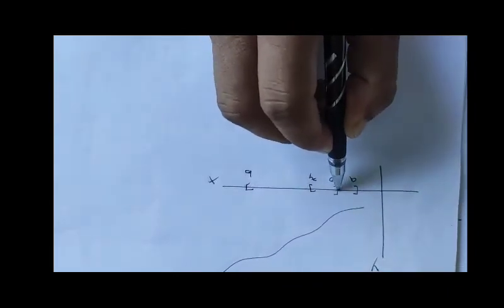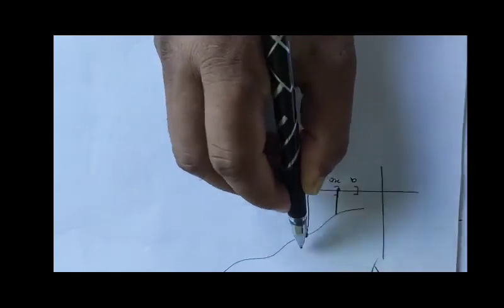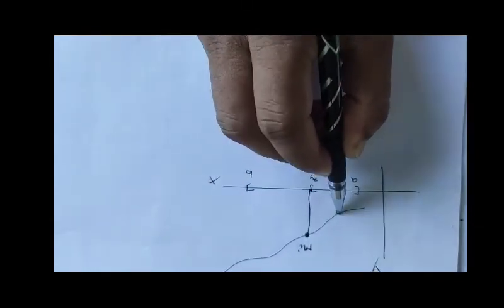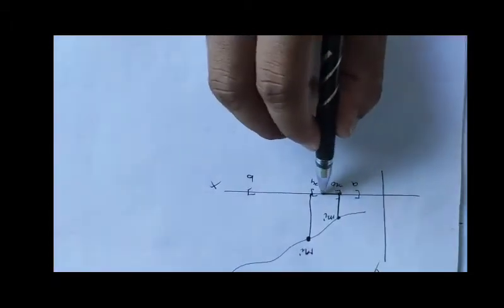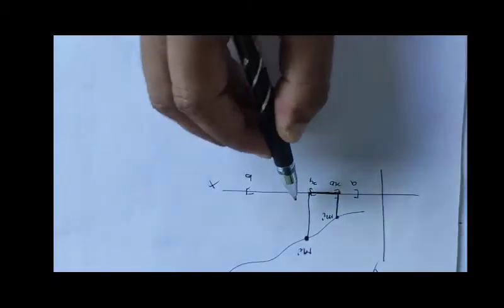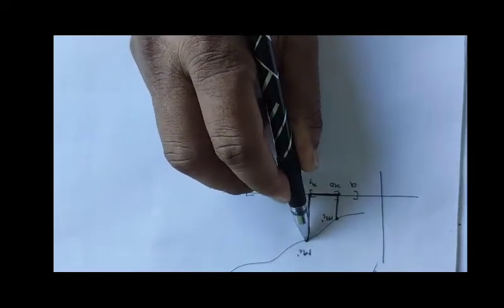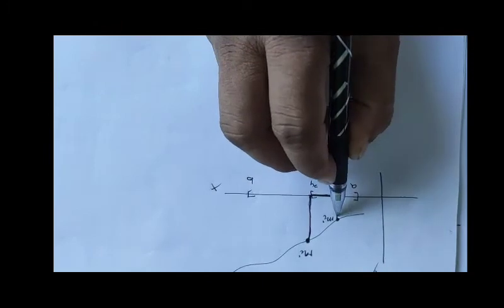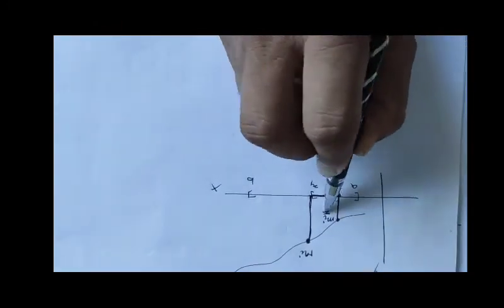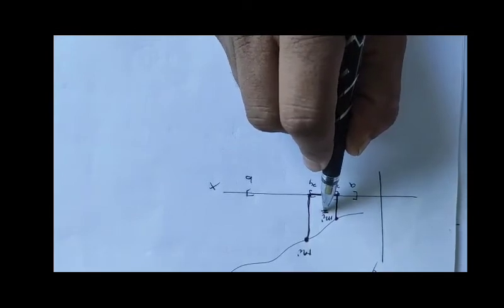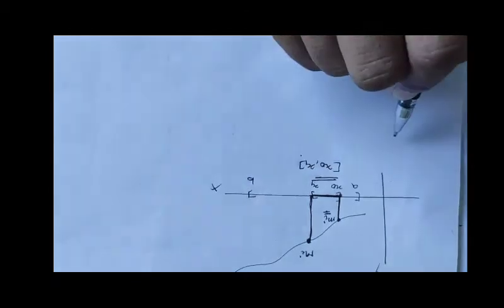On this interval we get some values: we call this capital Mi and this small mi. That means on the interval x0 to x1, the maximum value of the function is capital Mi and the minimum value of the function is small mi.